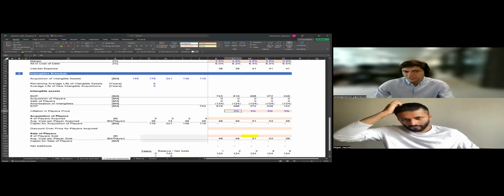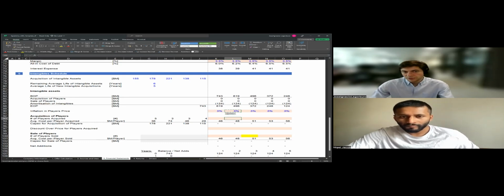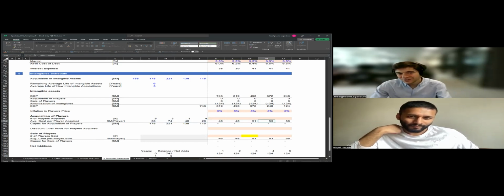So I'm going to assume an inflation on the average cost per player of 5%, let's say. And as we know, it's just because the price per player keeps rising. And that means that if I take the average and then I just assume some inflation, I can forecast roughly what is the price per player.